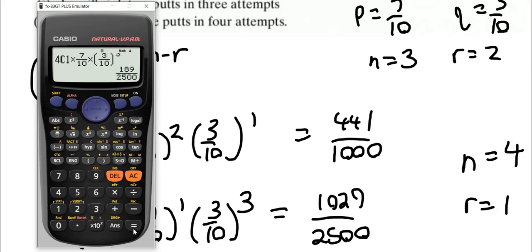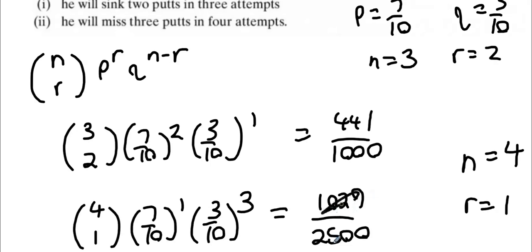You got 189 over 2,500, and you got that the way you did it. So look, they're wrong and we're right. That's all I can say. Sorry guys, what did we say it was again? 189 over 2,500. I'm using the solutions in the book here just to go a bit faster, but sometimes they're wrong on occasion.